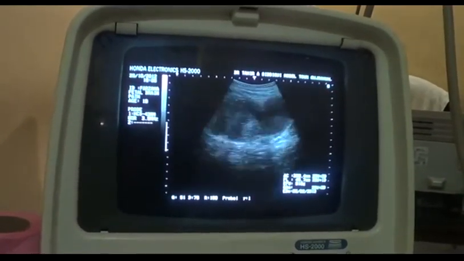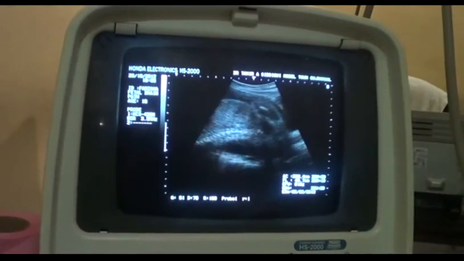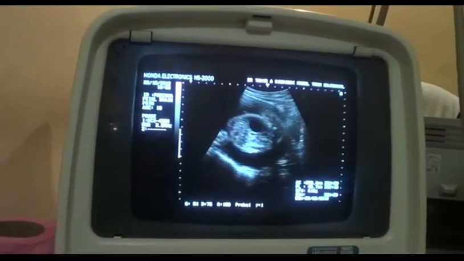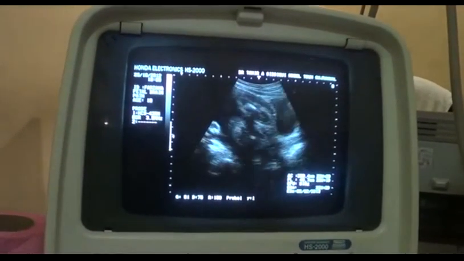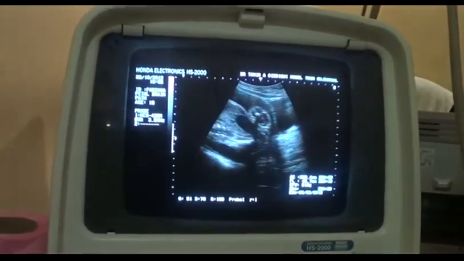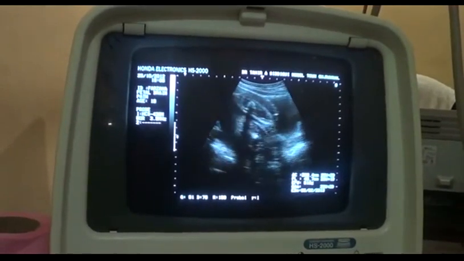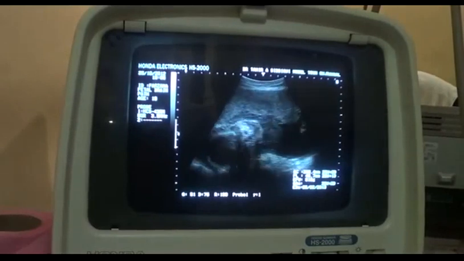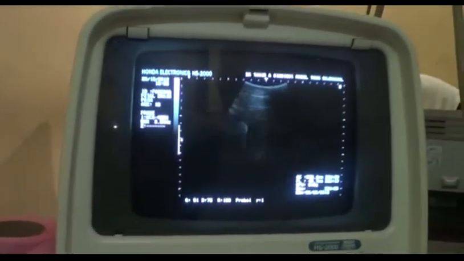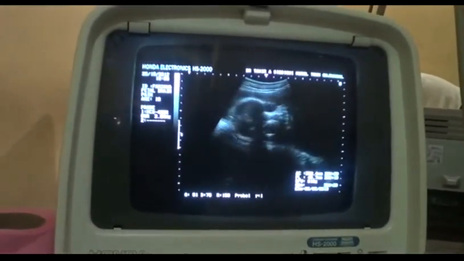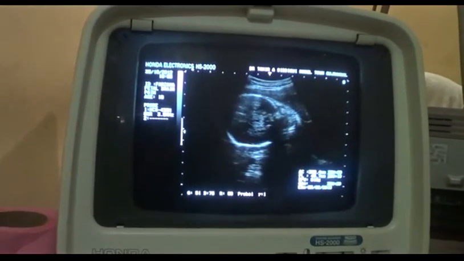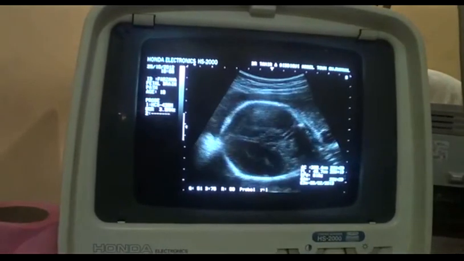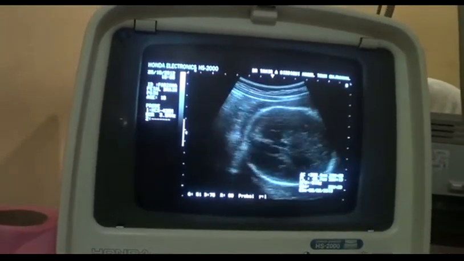It's all because of the pressure from the fluid in the gestational sac that is giving pressure on both the ureters, thus causing a lot of pain to the patient, which is primarily ureteric pain.